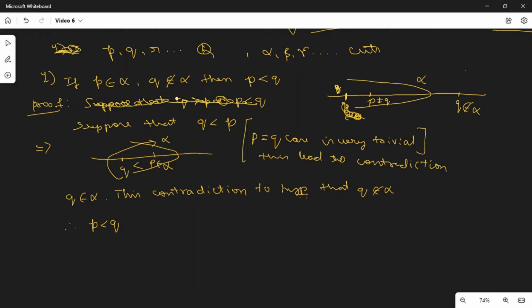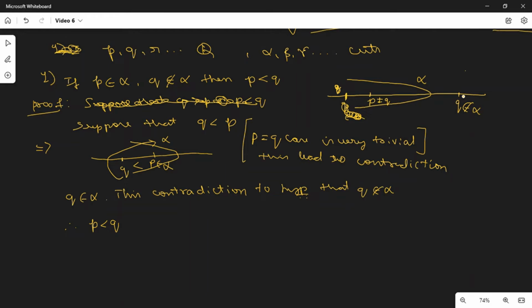If P belongs to alpha and Q does not belong to alpha, then Q must lie outside, on the right side, isn't it?